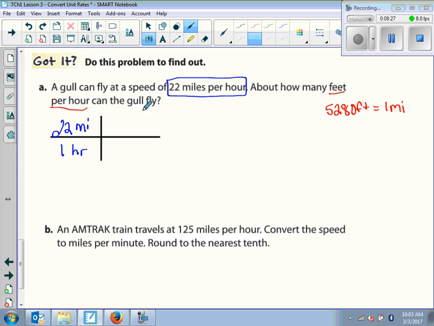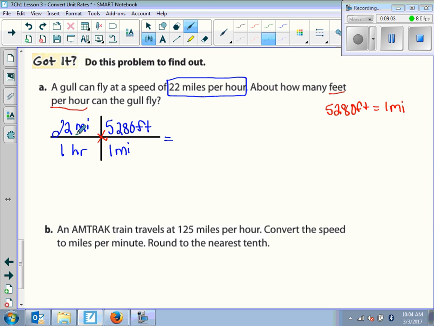So now we want to place this so that miles will cancel. Since miles is in the numerator, where am I going to put it to multiply? You're going to put it in the denominator. Very good. So we have 1 mile in the denominator, and then up here we're going to have 5,280 feet. And then of course with our dimensional analysis, we're going to multiply straight across. Please notice that the miles and miles will cancel.